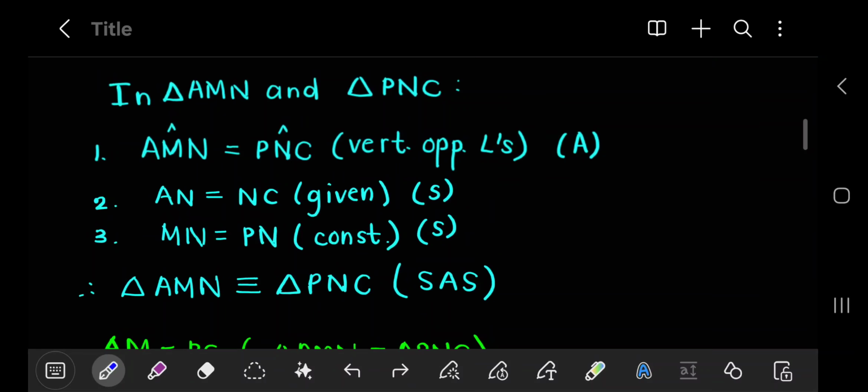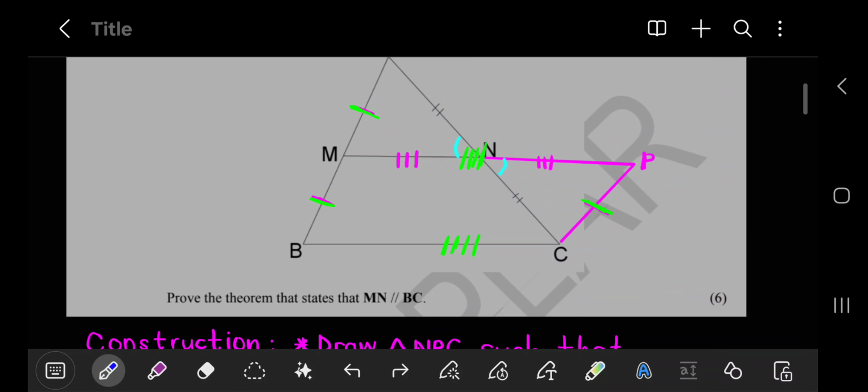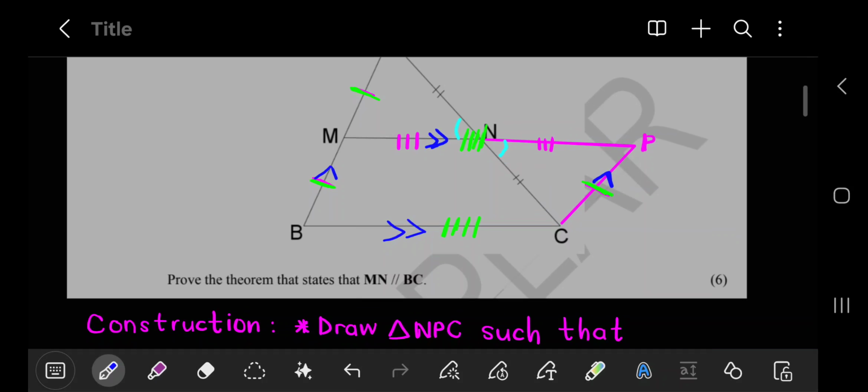And you guys, we're now at the last step. If we have a parallelogram where we have two pairs of opposite sides equal, what does it mean with regards to the sides being parallel? We know that opposite sides are parallel, and that is exactly what we needed to show. We needed to show that MN is parallel to BC.